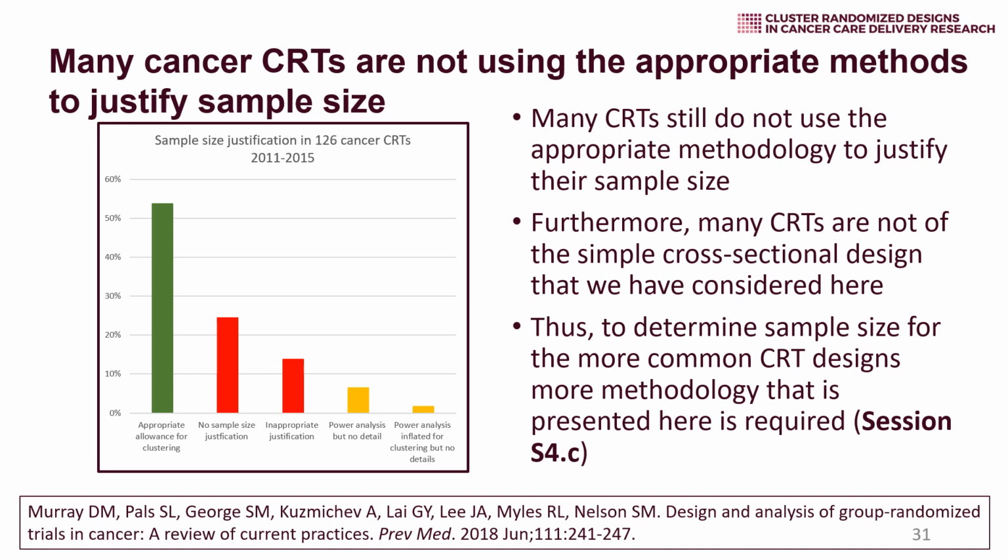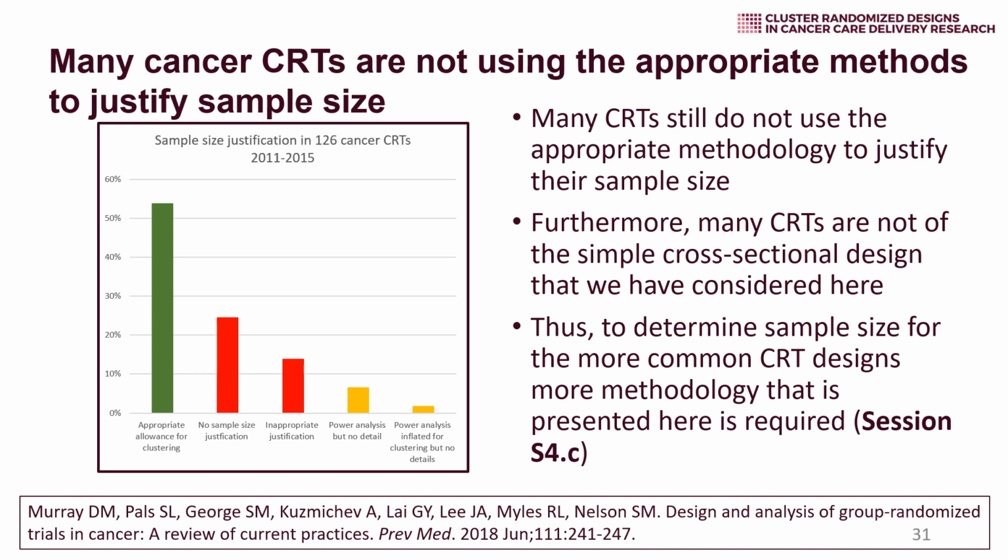So it turns out that many cluster randomized trials are not using the appropriate methods to justify their sample size. These results present the findings of a review of sample size justification in 126 cancer cluster randomized trials published between 2011 and 2015.